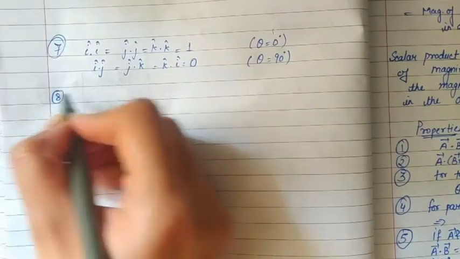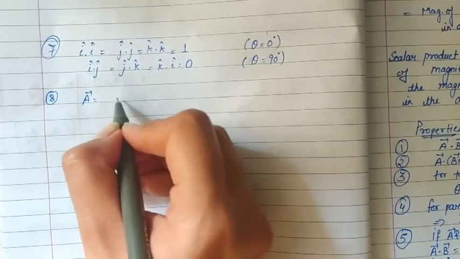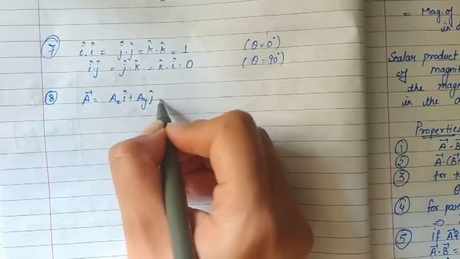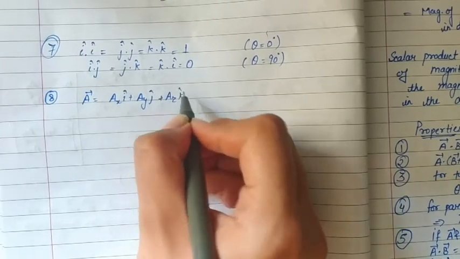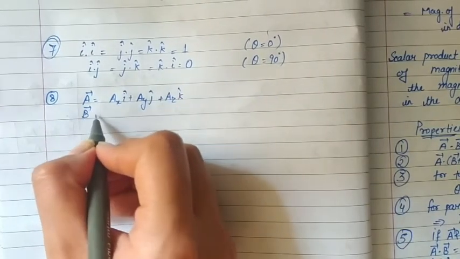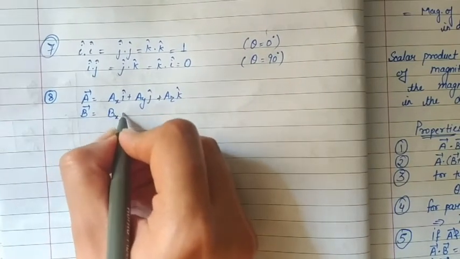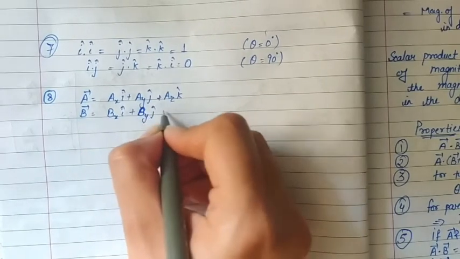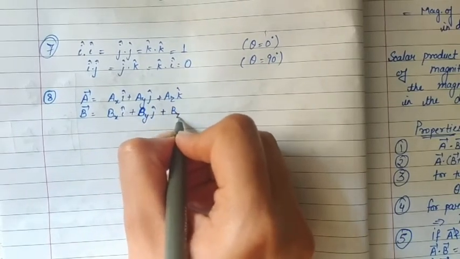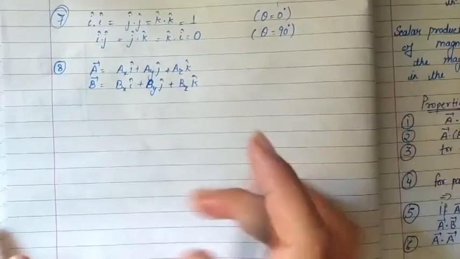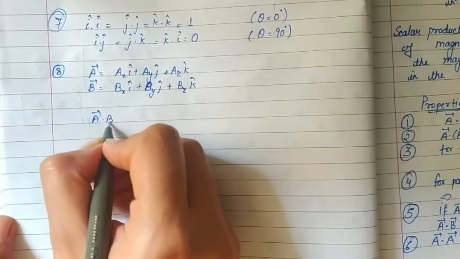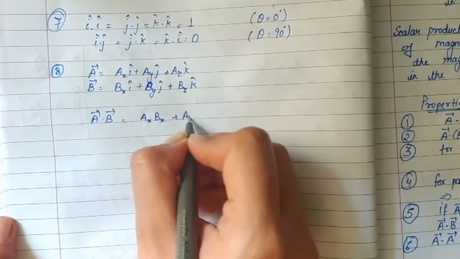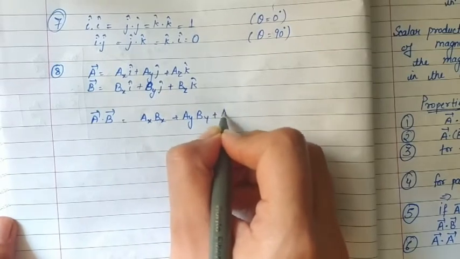If we have two vectors like a vector is equal to ax i cap plus ay j cap plus az k cap, means we have vectors in form of their rectangular components, then we can find their scalar product by using the formula A dot B is equal to ax bx plus ay by plus az bz.